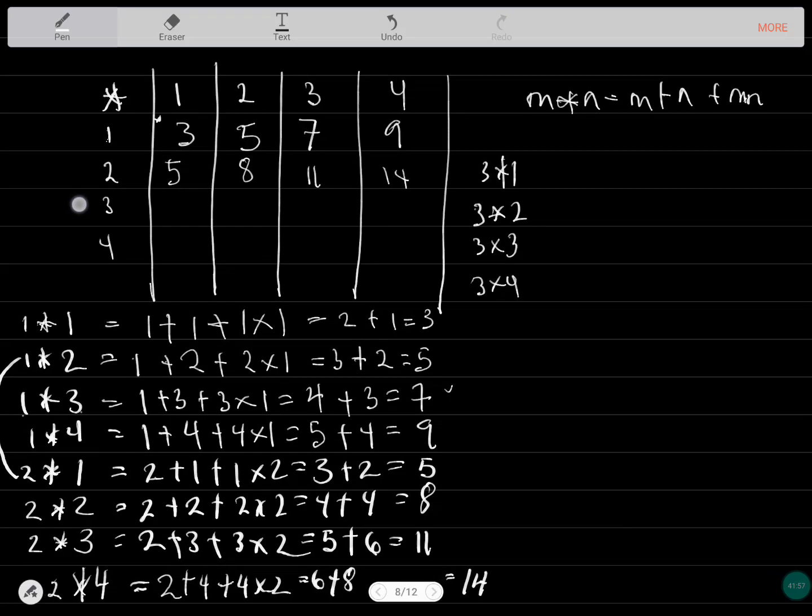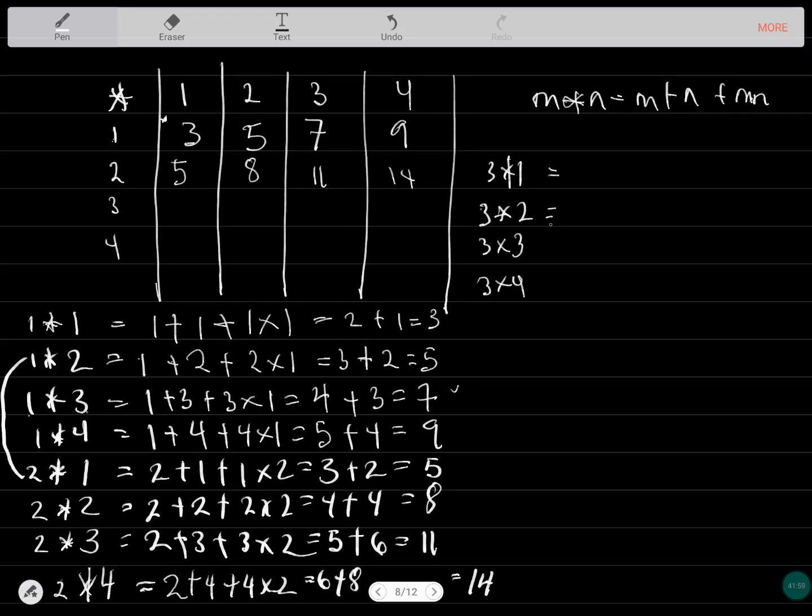We've almost solved for all of these, but we'll do that again just to confirm. So this would give us, according to the formula, 3 plus 1 plus 1 times 3. 3 plus 1 is 4. And 1 times 3 is 3. That would give us 7.